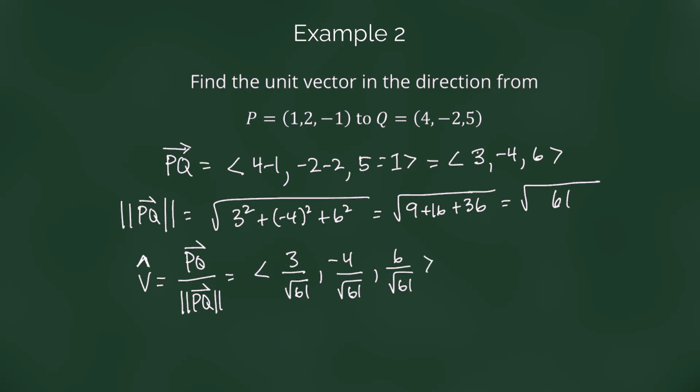Now, I am not bothered by square roots in the denominator, but some mathematicians are, in which case you can rationalize those and rewrite this as 3 square roots of 61 over 61, negative 4 square roots of 61 over 61, and 6 square roots of 61 over 61.